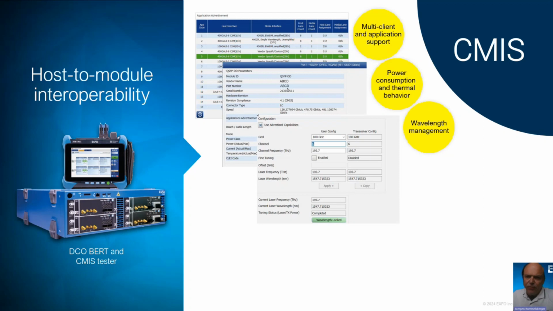But here, depending on the case, this can also be further confirmed by a stability measurement based on a BER determination. But these items are also very important in terms of module to OLS, so optical line system, or module to module interoperability.